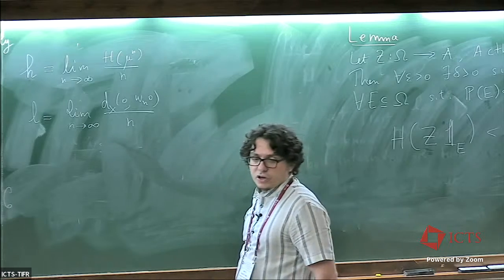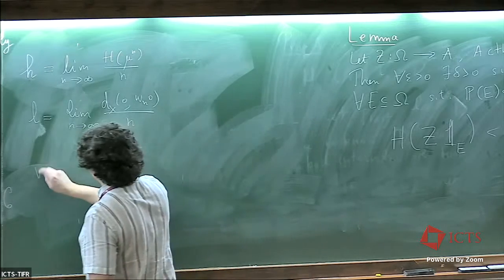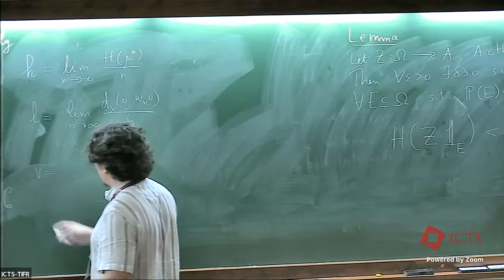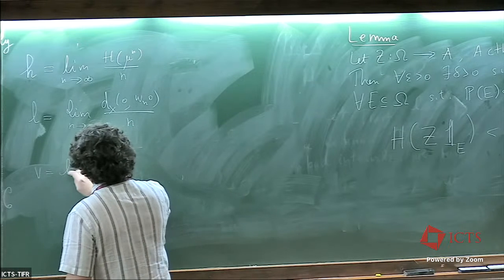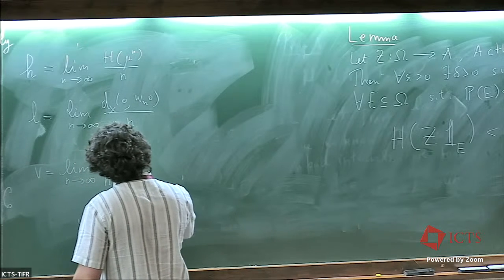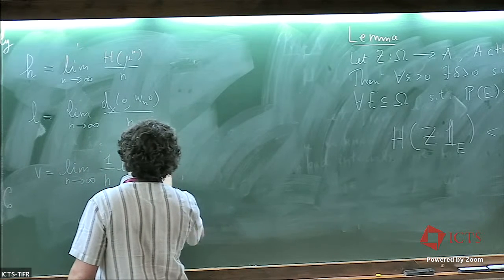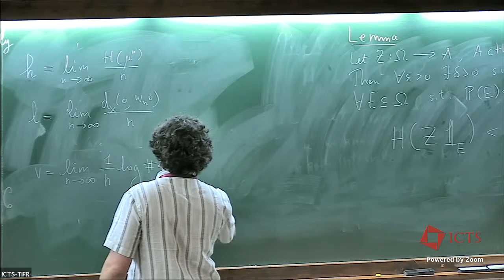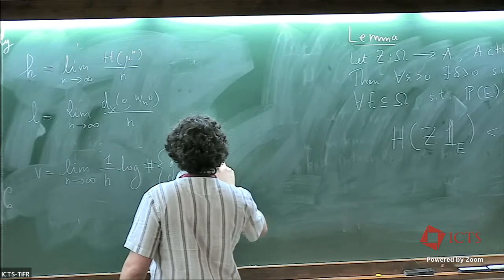This exists almost surely. And then v is the volume growth rate, the growth of the number of elements in a ball of radius n.